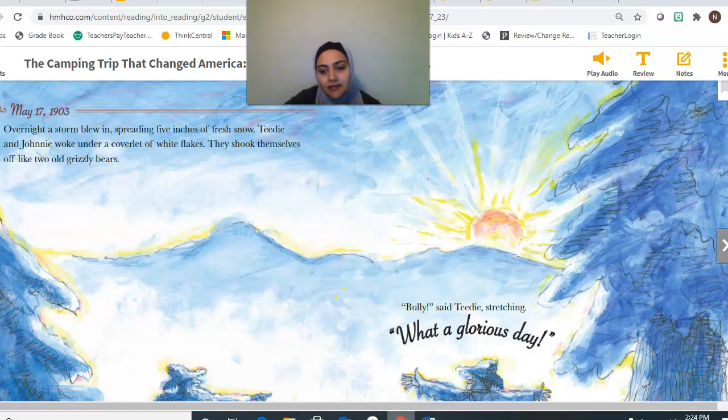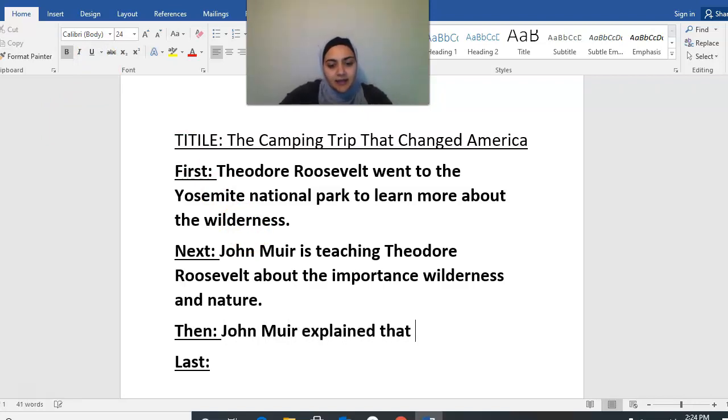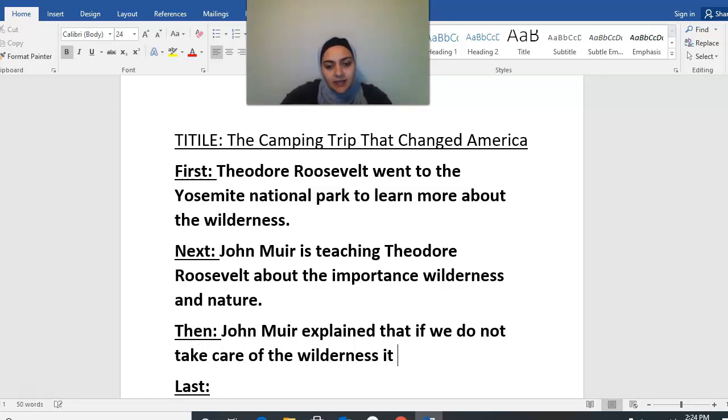All right, so let's go ahead and write that down here. John Muir explained that if we do not take care of the wilderness, it will be destroyed.